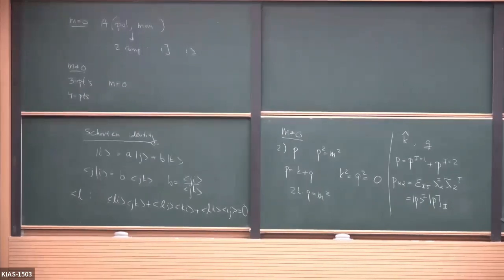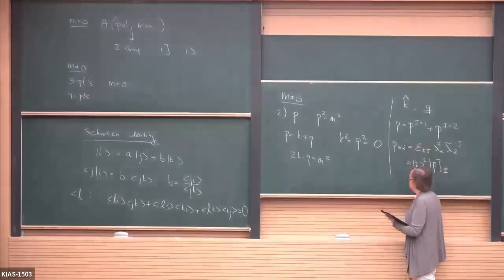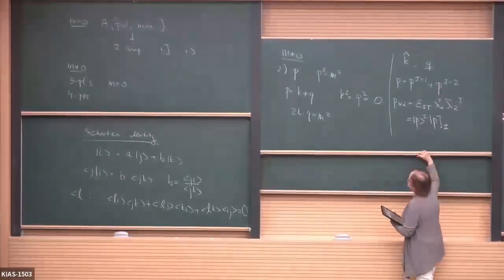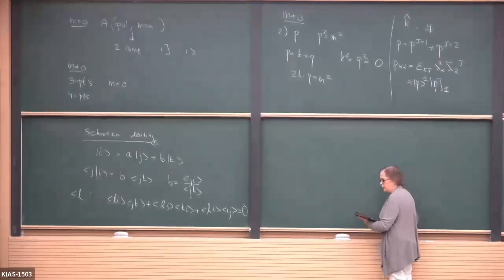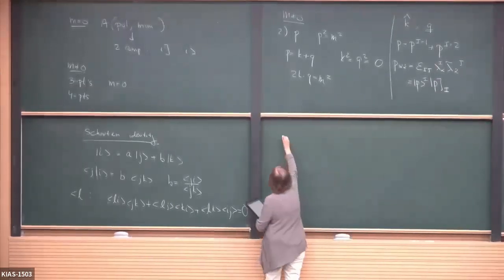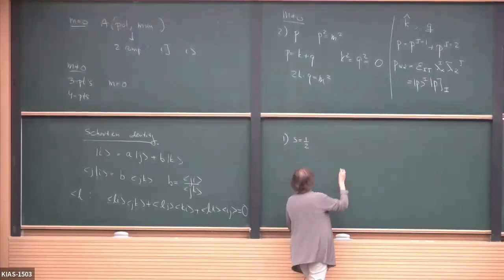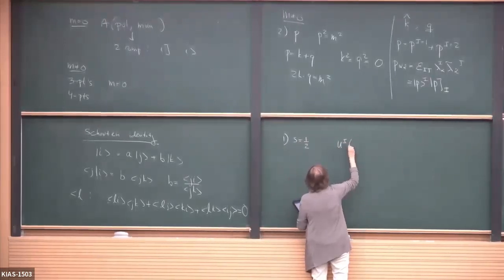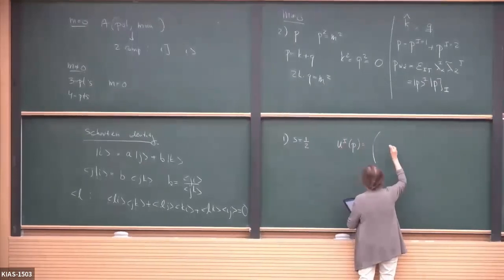So we know what to do with momenta. Now let's talk about polarizations. So let me start with fermions. So for spin 1/2 fermions, we can write our Dirac spinors in terms of these guys.